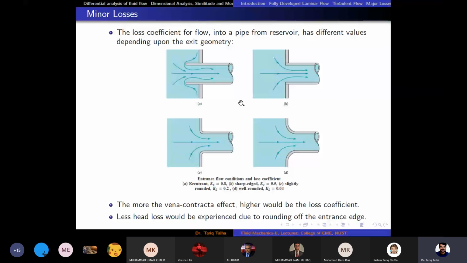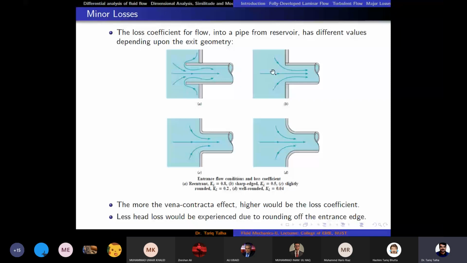So whenever it enters the pipe, because we know from our FM1 knowledge that there is the inability of the fluid to turn at a right angle, right? So it cannot turn at a right angle, so it needs to have some curve effect.